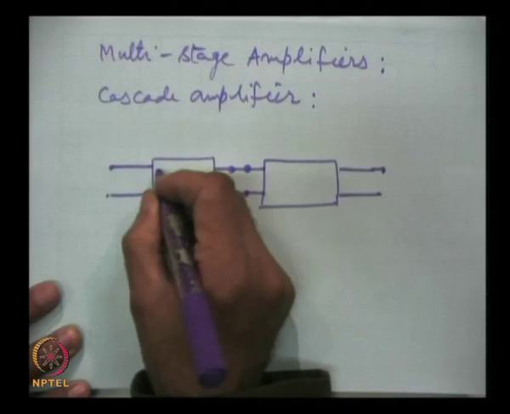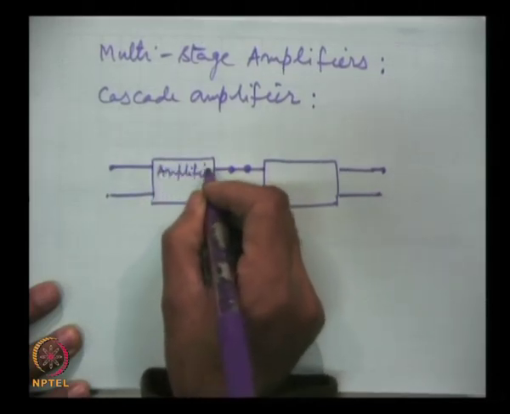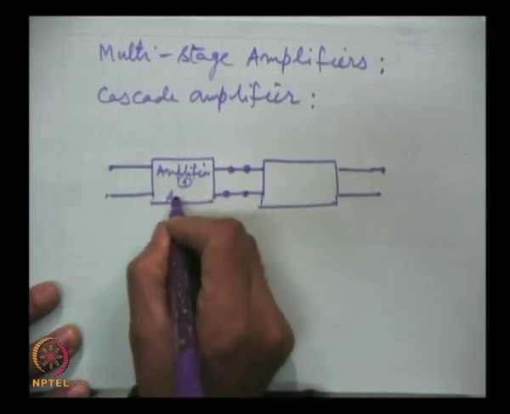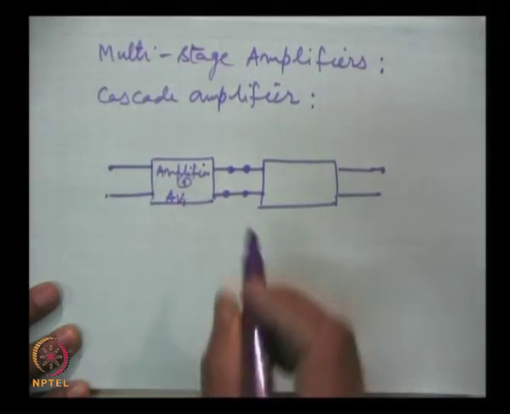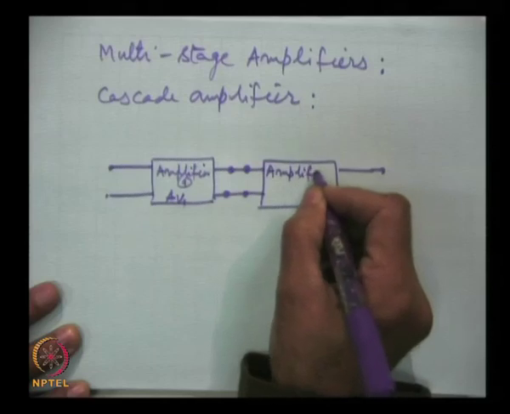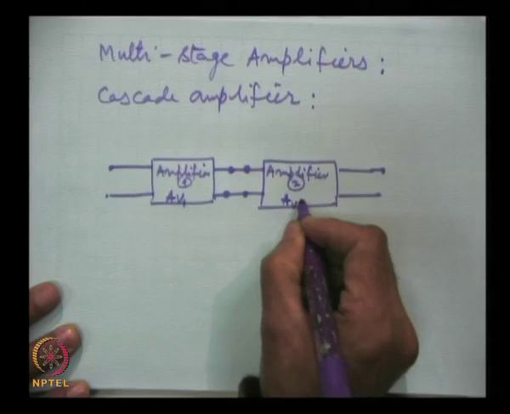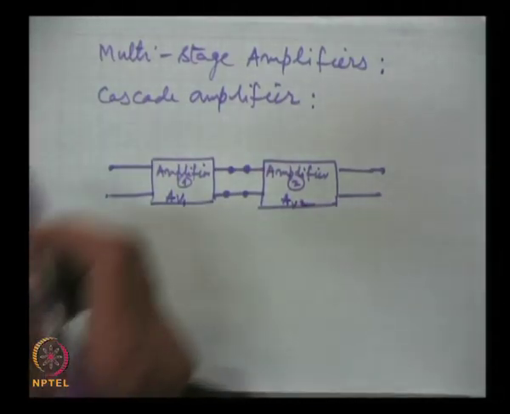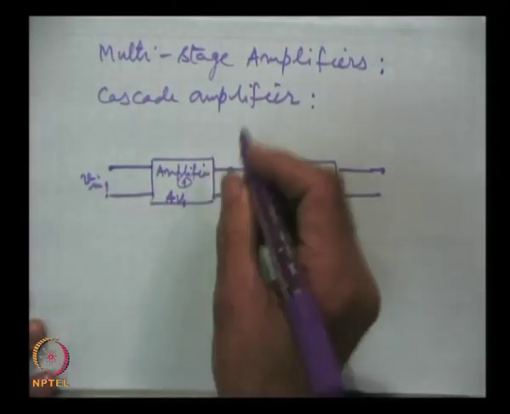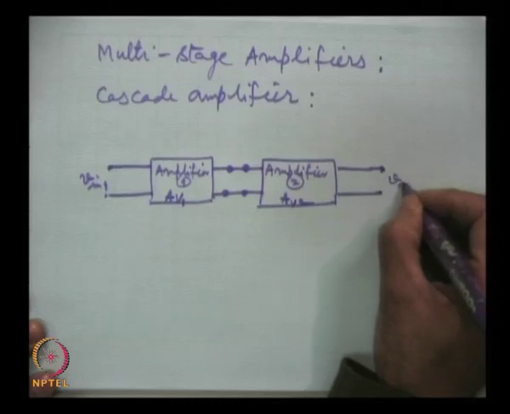This is amplifier 1, having voltage gain A V 1. This is amplifier 2, having gain A V 2. This is the input, and this is the net output V out.